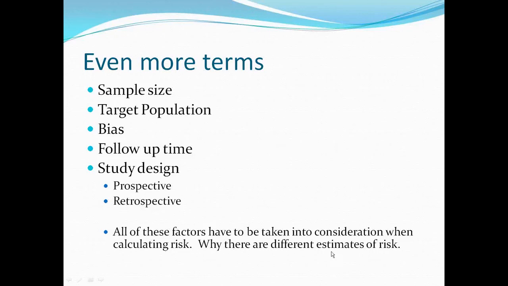And that's why there are different estimates of risk that come out of different studies. So I know for BRCA1 mutation carriers, there's anywhere between a 60 to an 85% lifetime risk of breast cancer. And those different risks are reported because the studies have used different populations, or all of these factors are different in the study. And so that's why the risks that get reported can be different.